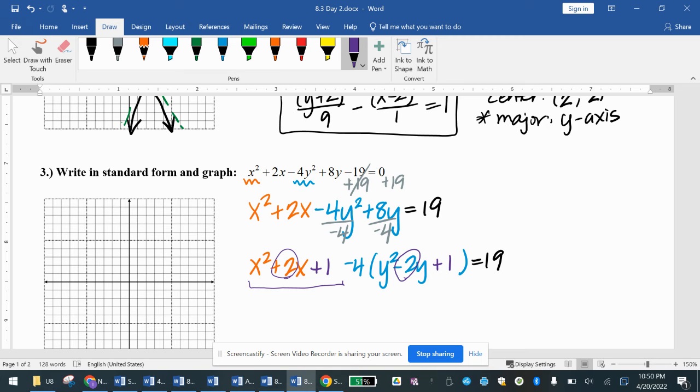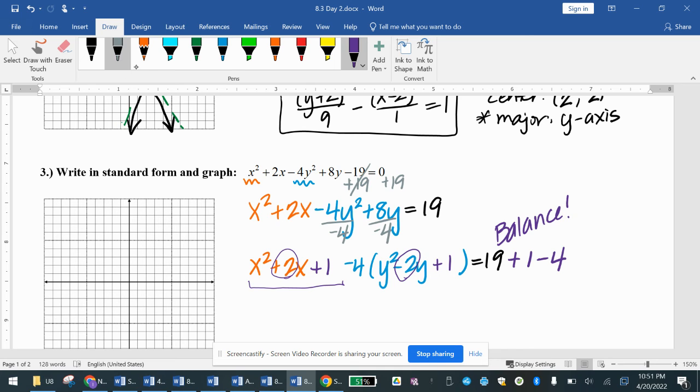Half of negative 2 is negative 1. Negative 1 quantity squared is 1. Don't forget the balance. So we've added a 1, so I've got to do the same thing here. A negative 4 times 1 is negative 4, so I have to include that as well. Okay. So don't forget the balance.